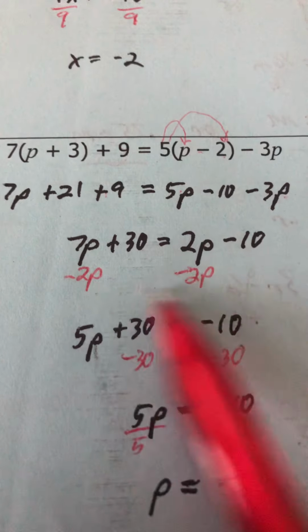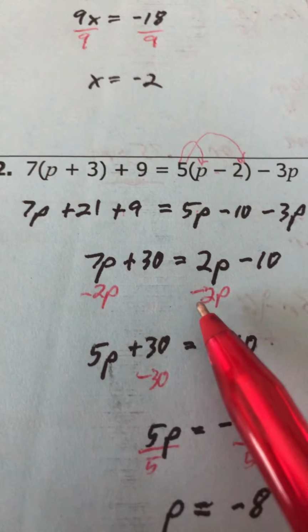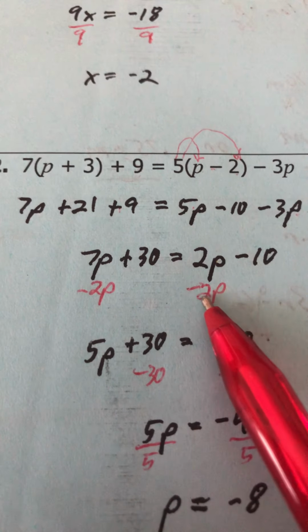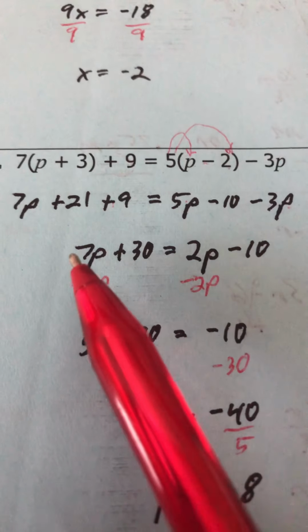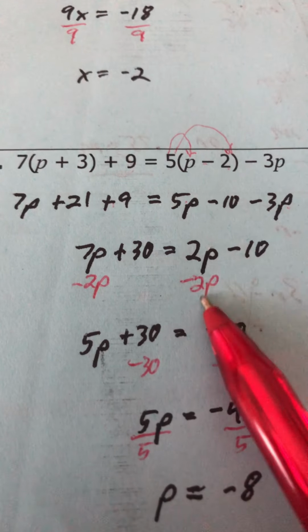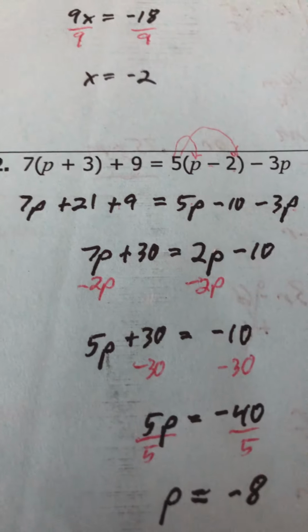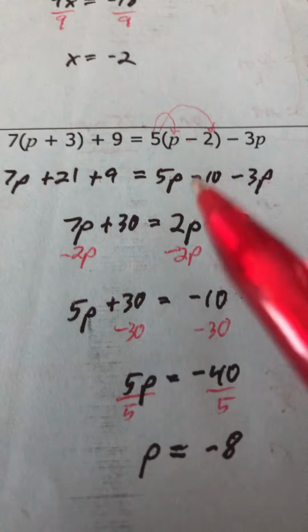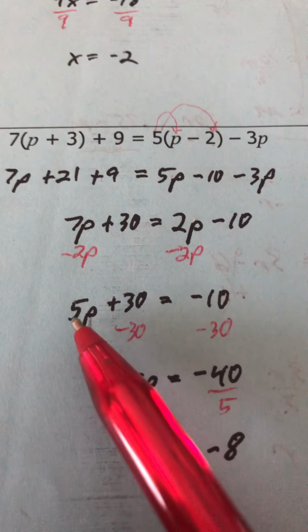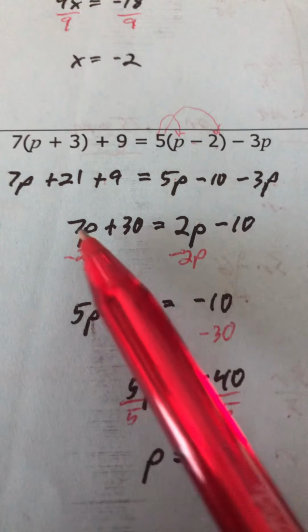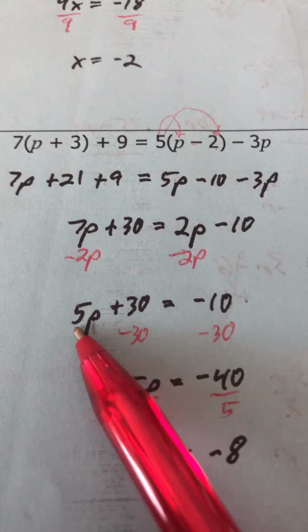Now I can start doing my algebraic business here. I'm going to subtract 2p from both sides. I could subtract the 7p, but you're going to be dealing with a negative p, like I showed you in the previous couple of problems. So I want to keep it positive, so I'm thinking ahead, because 7 minus 2 stays positive.